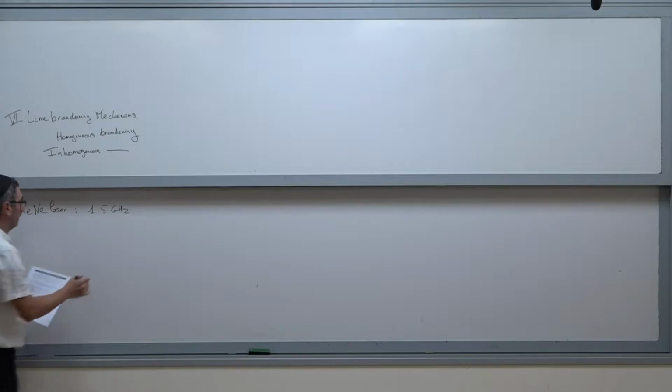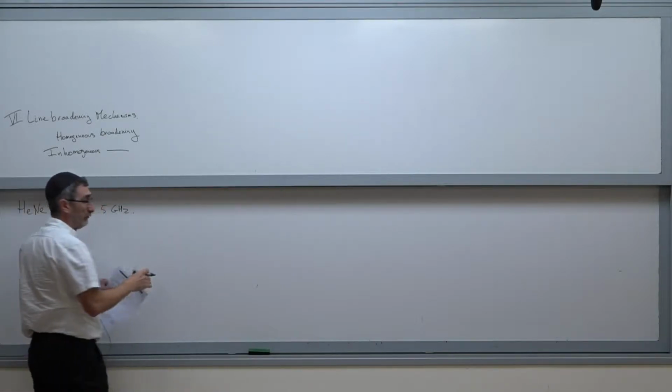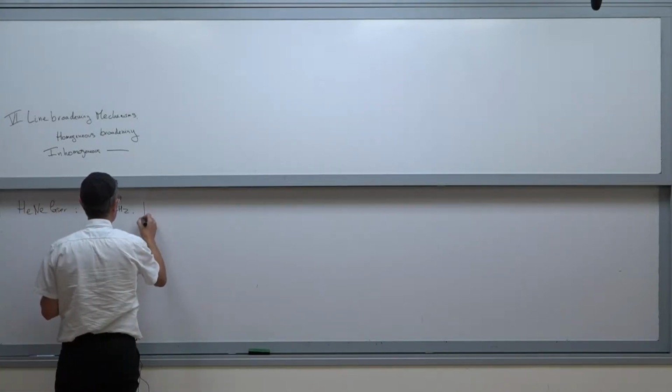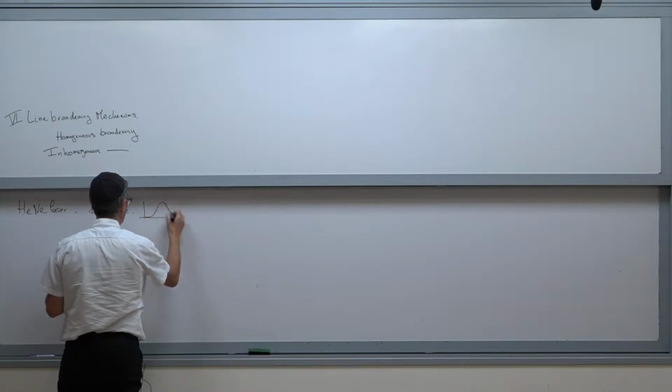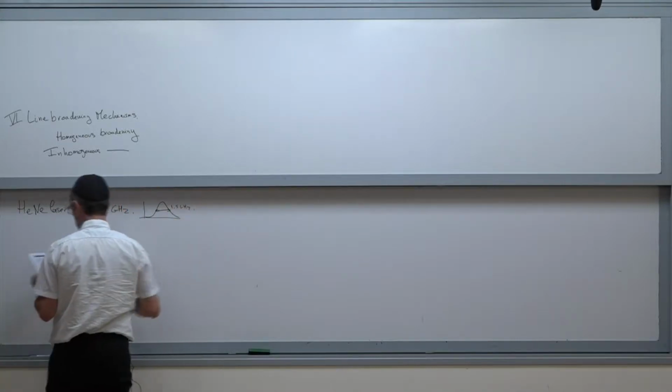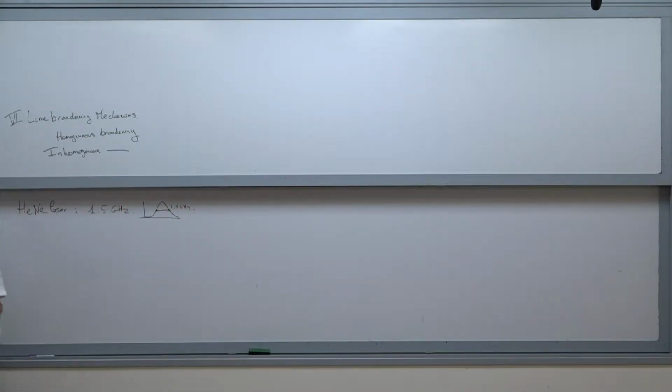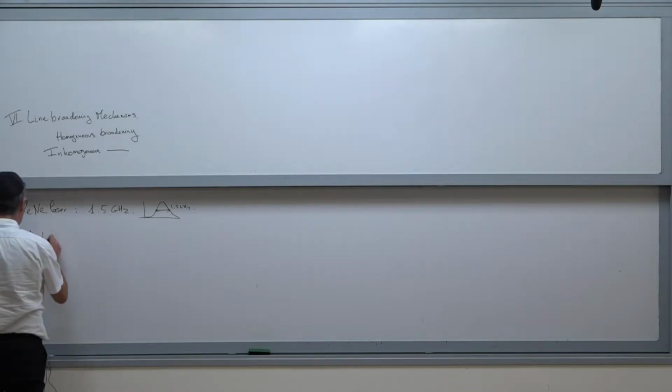So if you look at the fluorescence of the atomic transition, you'll see a line width which is about 1.5 gigahertz. Okay. So the question is, what mechanism is responsible for this line width? So let's start. So the first one that you know is called lifetime broadening.